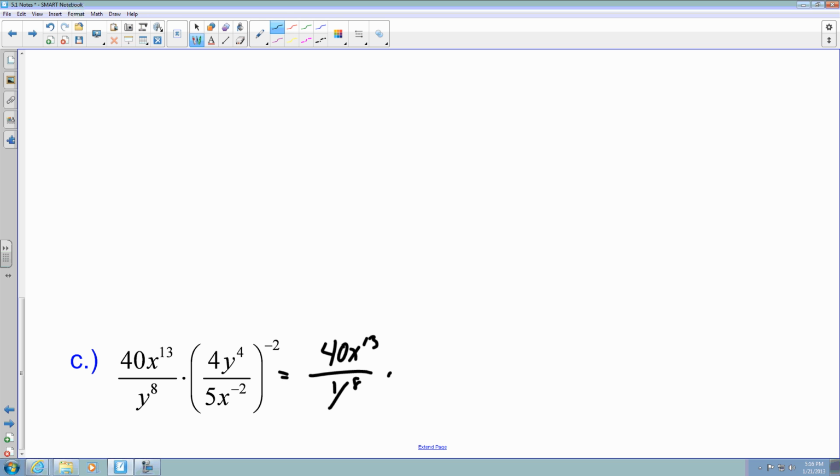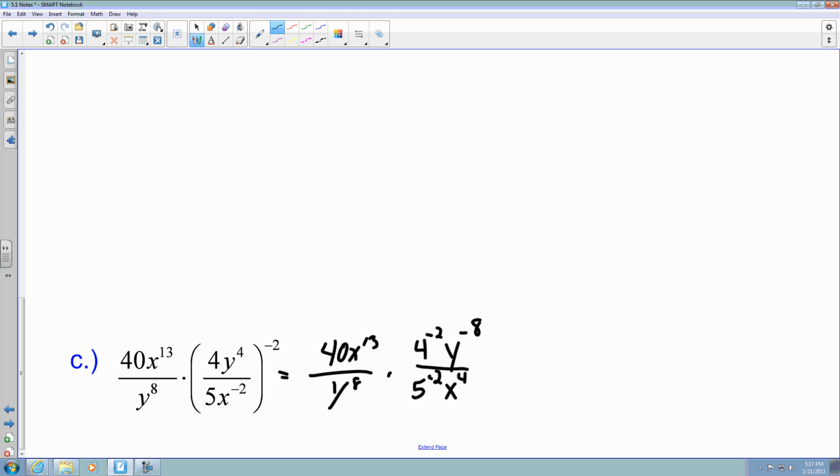And I'm going to take this negative 2 and apply it to each of my values in the parentheses. So I got 4 to the negative 2. I got y, and since that's to the fourth, I multiply my exponents. That gives me negative 8, divided by 5 to the negative 2, and I got x to the fourth.